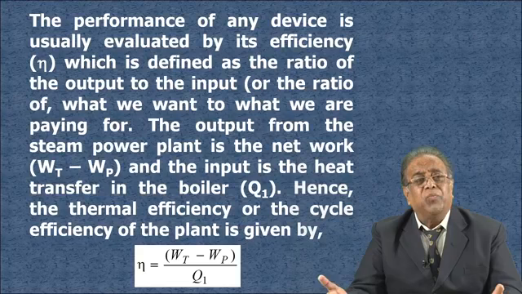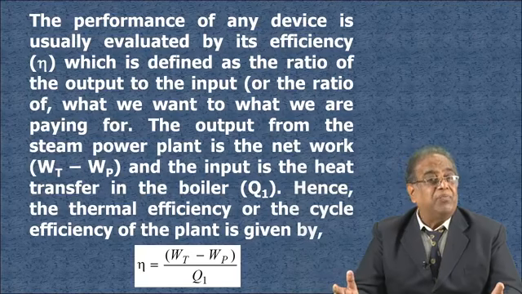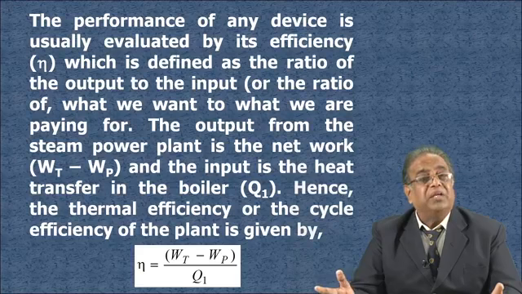The output from the power plant is the net work, that is WT minus WP, and the input is the heat transfer in the boiler, that is Q1.